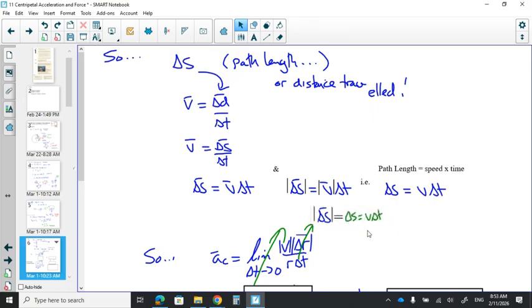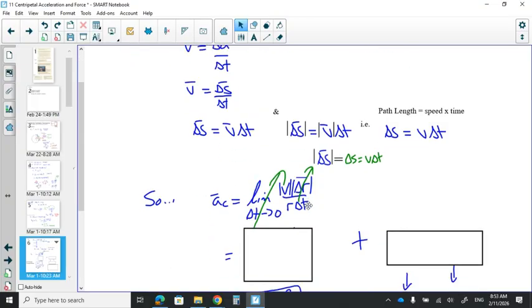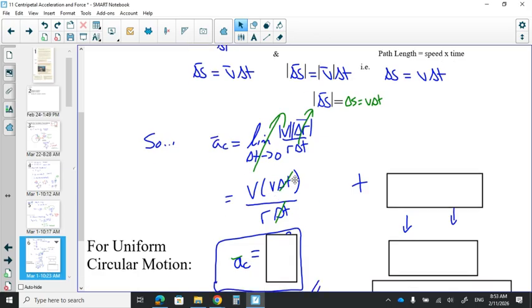In our equation for the average acceleration, that delta r vector becomes essentially the same as that path length, so it becomes v delta t. Notice the times cancel out, and v times v is v squared, and we have an over r. So boom, that's our formula, v squared over r.